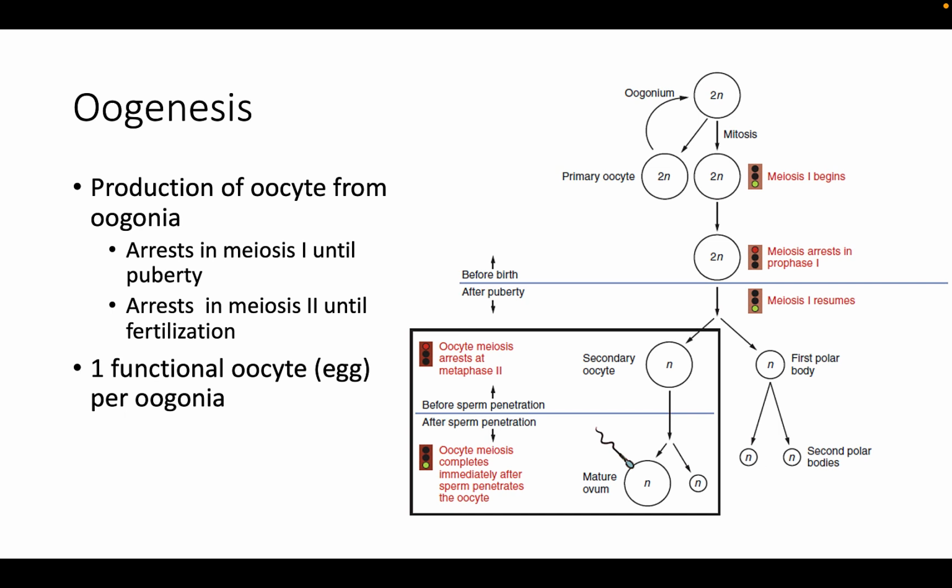So what you're seeing here, and you'll see questions on this, is 2 meiosis arrests during oogenesis. They arrest before birth in meiosis 1, and then it resumes after puberty up until meiosis 2, but then it does not complete meiosis 2 until fertilization occurs.